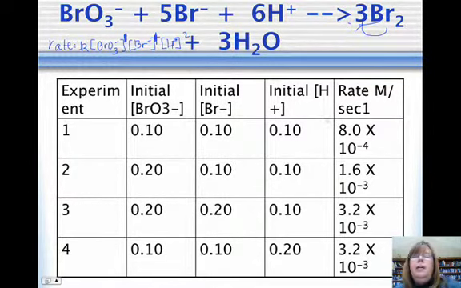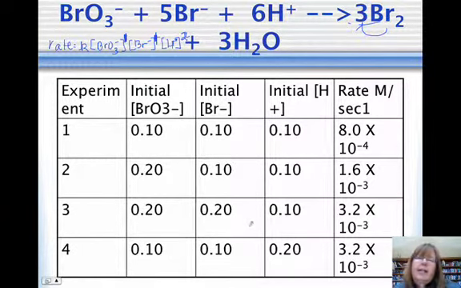Now we're left with the proton concentration. Let's see, between experiments 3 and 4, we keep everything else constant. We double it, and, oh, nope, that's not the right experiments. Let's have a look again. 1 and 4. Okay, in 1 and 4, we're keeping the bromate concentration constant, the bromide concentration constant. We double the proton concentration, and the rate quadruples. So that is second order. There we go.